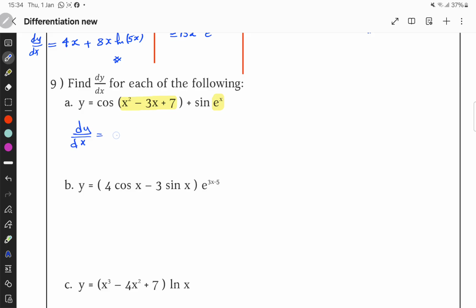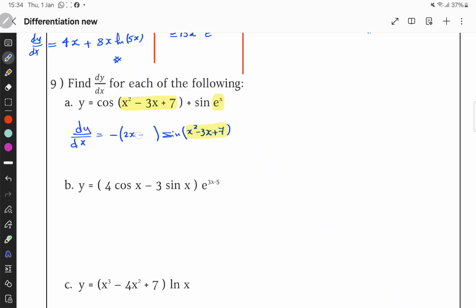the differentiation of cosine, it will be negative sine of x squared minus 3x plus 7. Mr., why do you keep all of that space? Because the differentiation of inside will be more than one term, so it must be inside a bracket. The derivative of inside now: differentiation of x squared will be 2x.